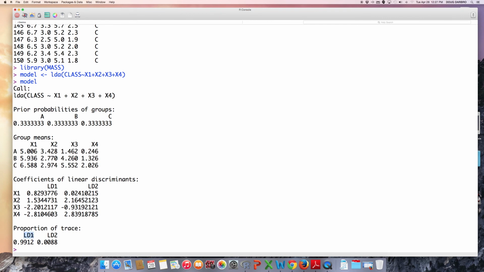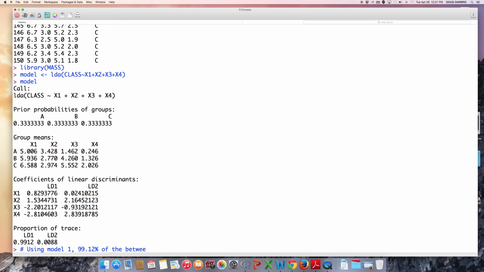If you look under LD1, this 0.9912 tells me, and I'll write this out so it's clear. This tells us that 99.1%, well, using model 1, that 99.12% of the between variance.